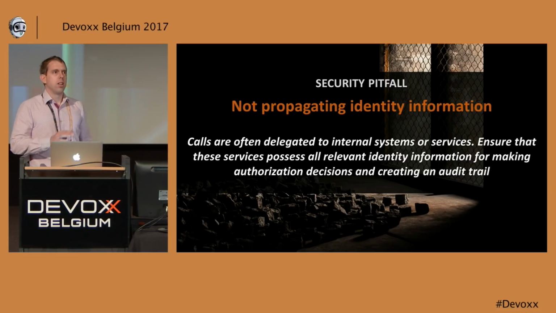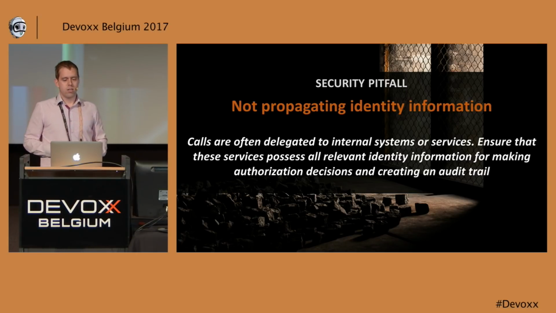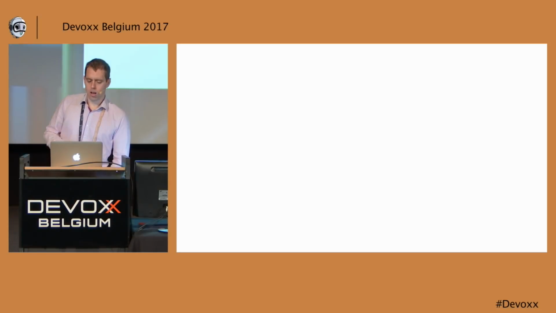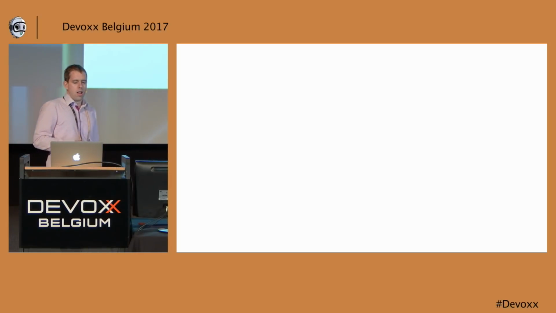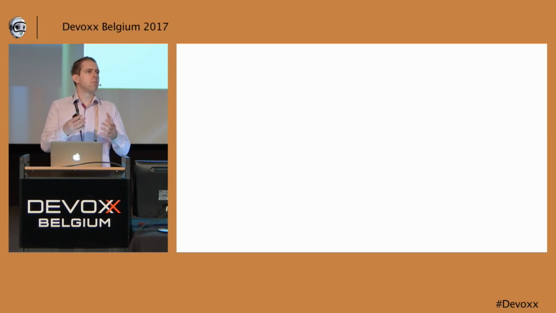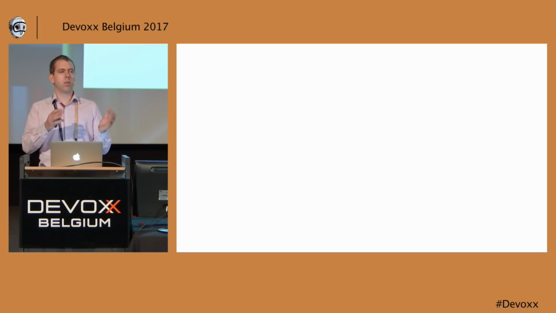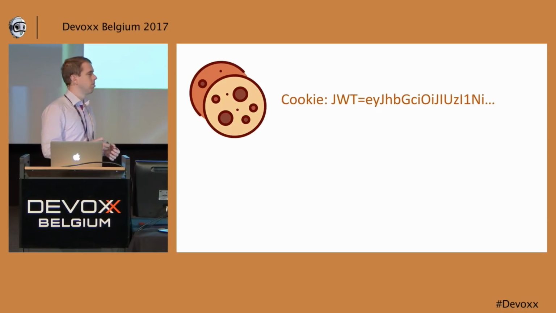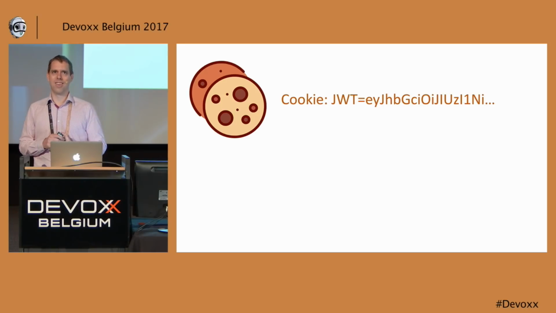All right, I'm about halfway through, so that's good. Time-wise, we're doing fine, so we have time for a little poll. The next topic is how you transport authorization information from the client to the server, to the API. Who here is using cookies to do it? Come on, don't be afraid, it's okay.